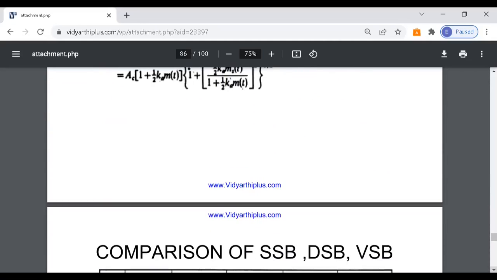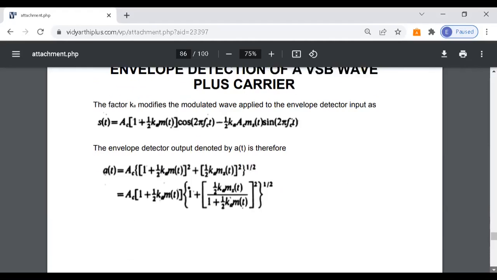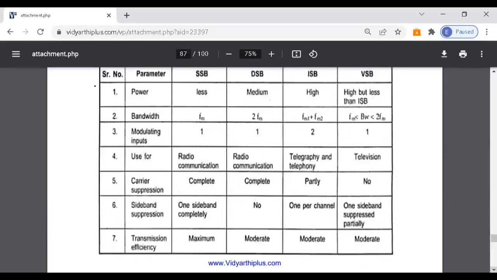Like I say, you fit it into the parameters of your carrier signal. So this is the envelope. And this is a table that shows you a comparison of the different modulation techniques and which suits what best.